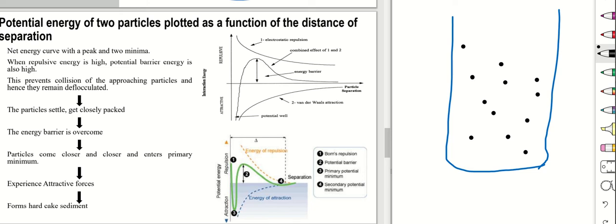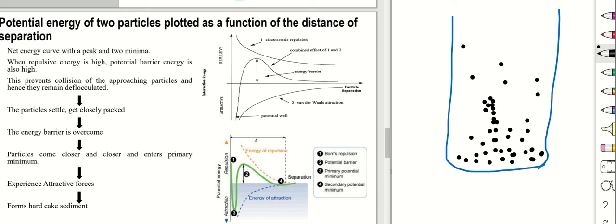When this suspension is left as such undisturbed, all the particles will tend to come closer and they'll get sedimented slowly together. This is what happens in a deflocculated suspension.